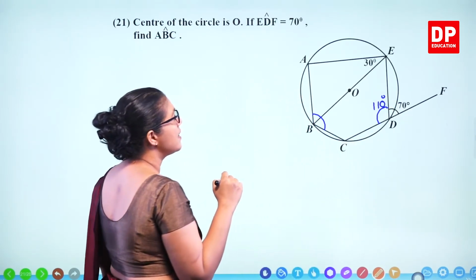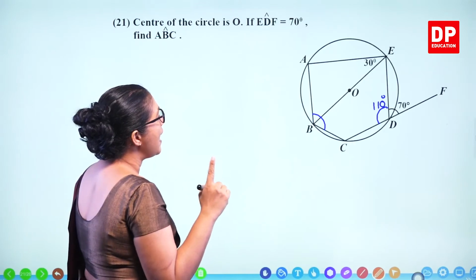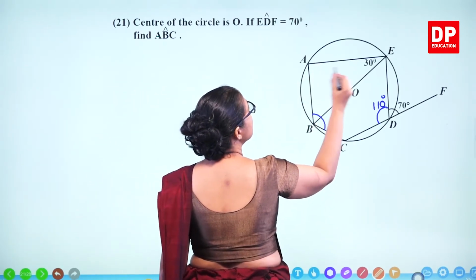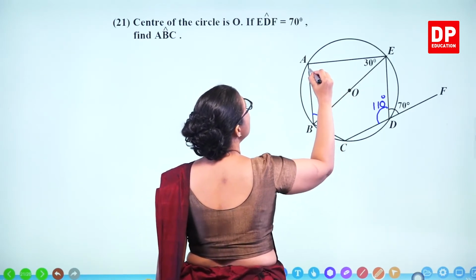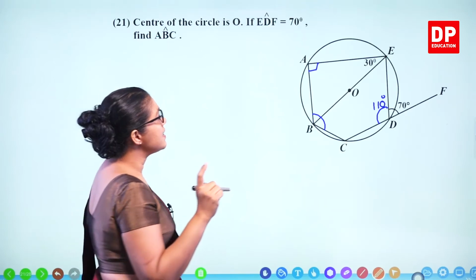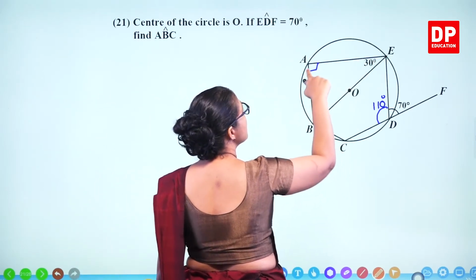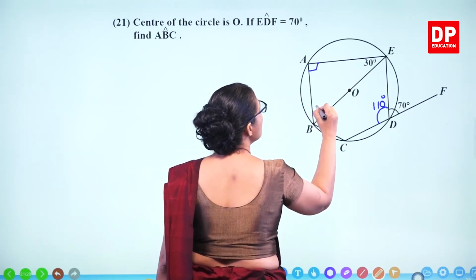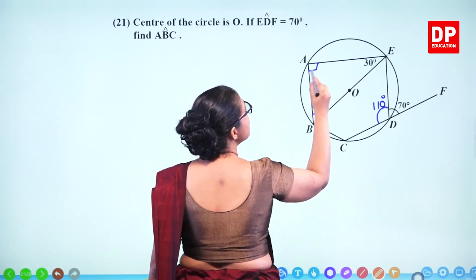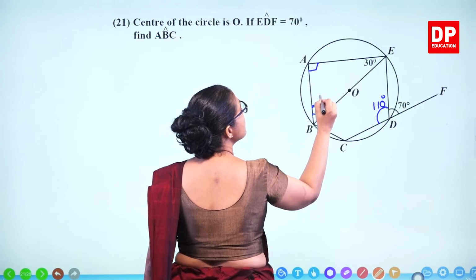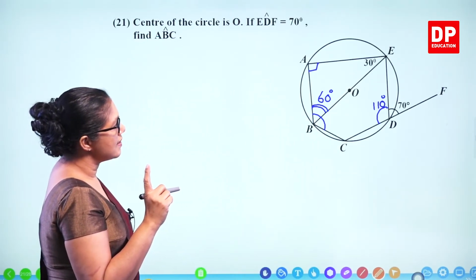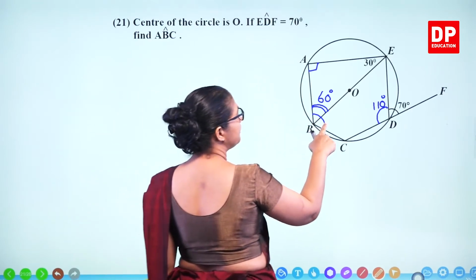That's 110. And we know this angle. This is the center O. This angle is 90. Semicircle angles are 90 degrees. So this is in the semicircle. So this is 90. So you can find out this angle. What's this angle? 60. 90 minus 30. That's 60 degrees. What about this angle?